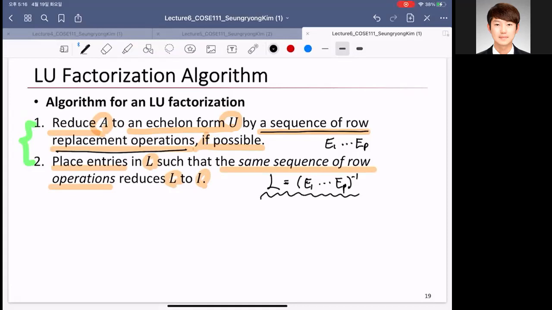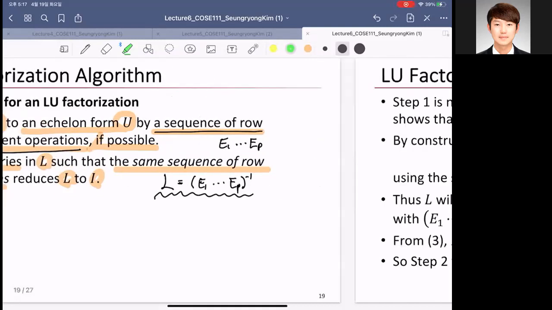This is our target matrix L. Any question? Is it clear up to here? Right? So, let me show you an example.